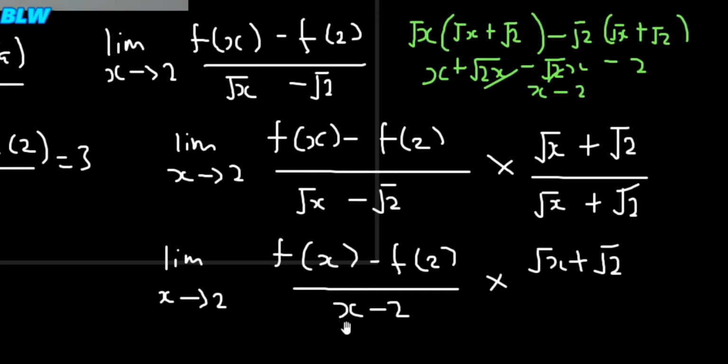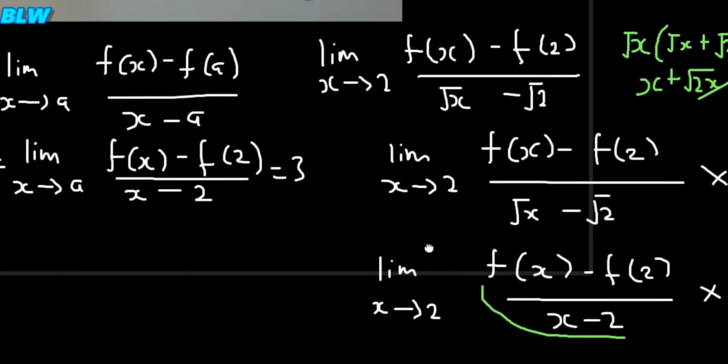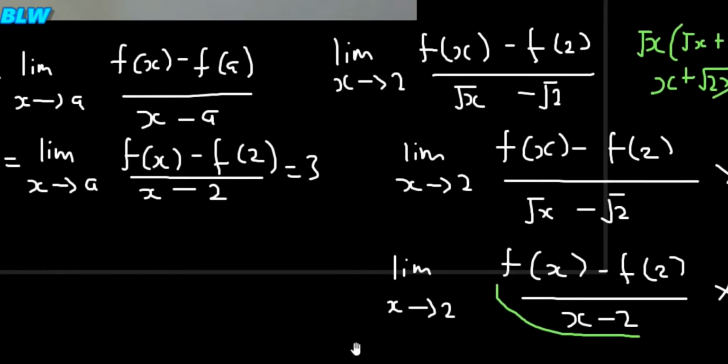So now let's go back to the beginning. Let's compare what we have here to this value. You see that this value here, f of x minus f of 2 over x minus 2, is the same as this value here, and it is said to be equal to 3. So which means I can represent the whole of this with 3.